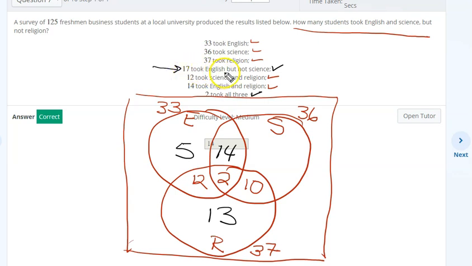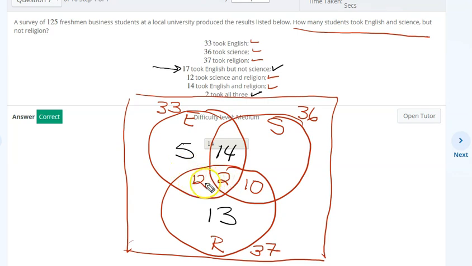17 took English, but not science. Well, here I have 12 for religion, and then this 5 gives me my 17. That was a tricky one. Now, I had 5, 12, and 2.